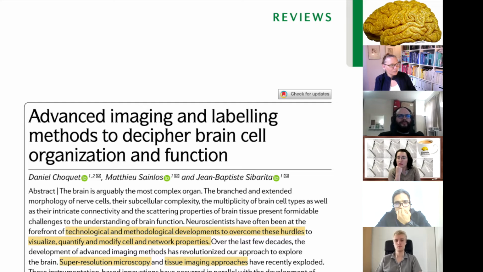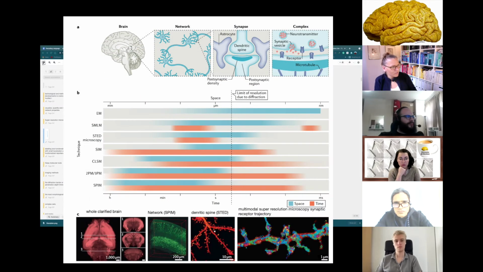So we're now actually talking about super resolution, which is quite exciting. I'm going to show you an example in a minute. But also the way we can label the tissue and the different levels of the complexity of the brain has vastly improved. So I'm going to jump right to the figure, which I thought was absolutely stunning.